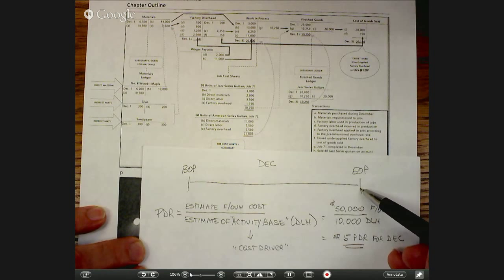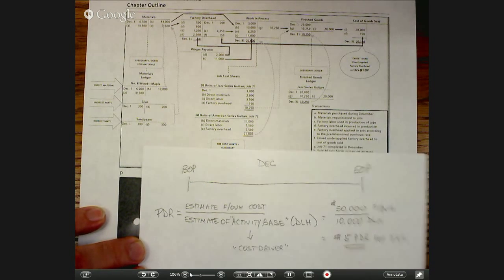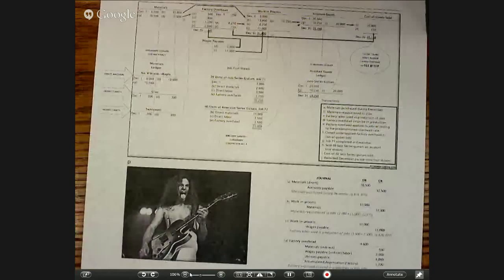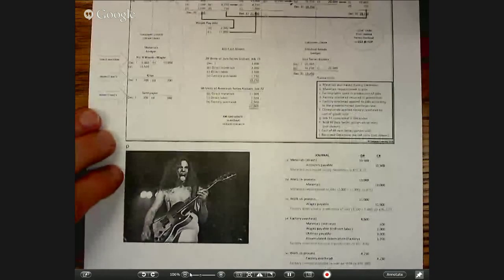That excess would either be charged to cost of goods sold if there would be underapplied overhead, or it would be deducted from cost of goods sold if there would be overapplied overhead during the month. We will show that calculation in a moment. But for the time being, let's use this $5 PDR, predetermined rate, to allocate overhead costs to work in process.